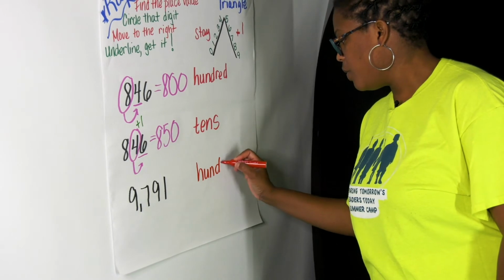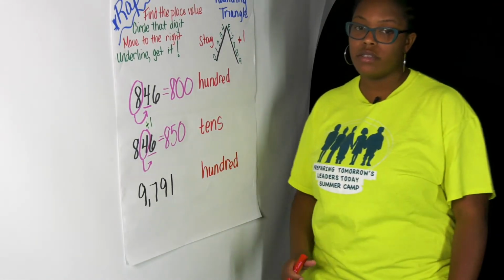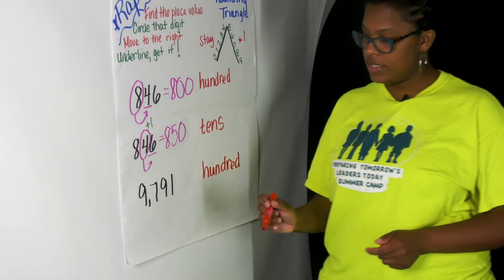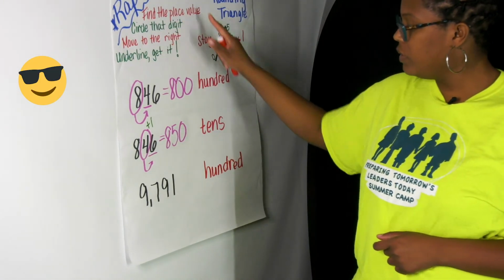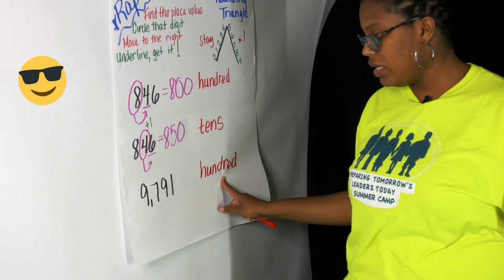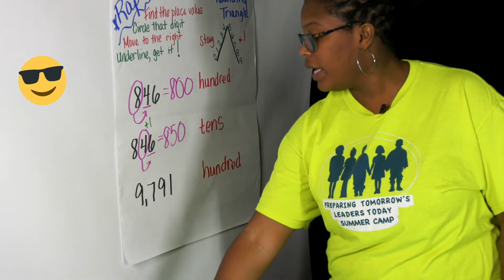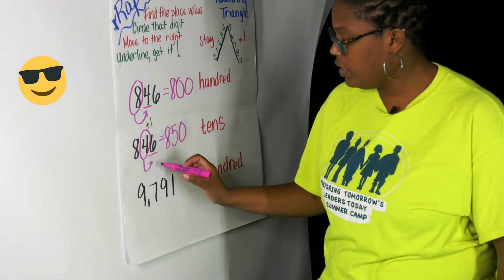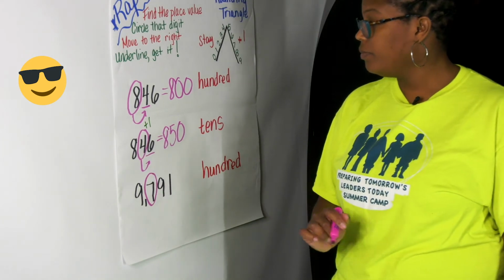And over here is where I'm placing the place value that we're rounding to, the hundredths place. So let's first identify, find the place value. The place value is 100. Circle that digit. The digit in the hundreds place is 7.